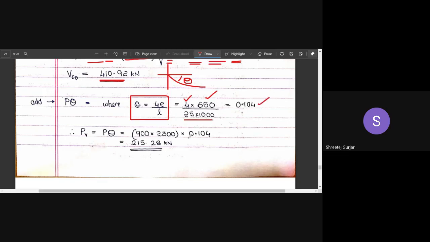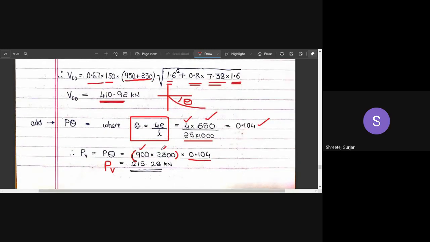So P into theta, that is 900 into 230, will give you P, the effective stress FP into your area of steel. So P into theta, we have got PV, the vertical component of your pre-stressing force, as 215.28 kilonewton. Okay, this you have to add to your VCO.